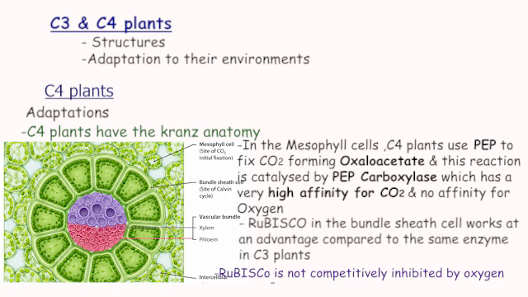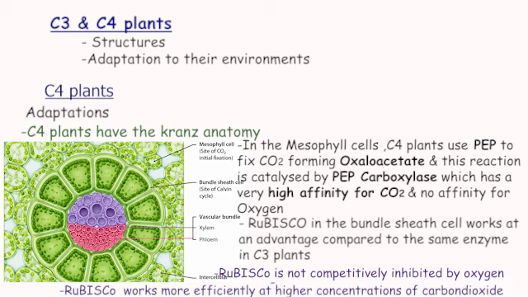And the second reason is that Rubisco works more efficiently at higher concentrations of carbon dioxide. So here what you need to know is that Rubisco is an enzyme, and as we know, enzymes increase the rate of reaction when the substrate concentration is high. So Rubisco works more efficiently at higher carbon dioxide concentrations.